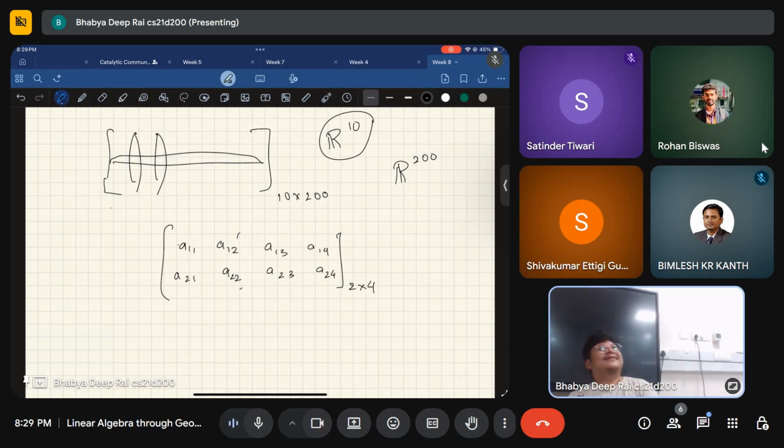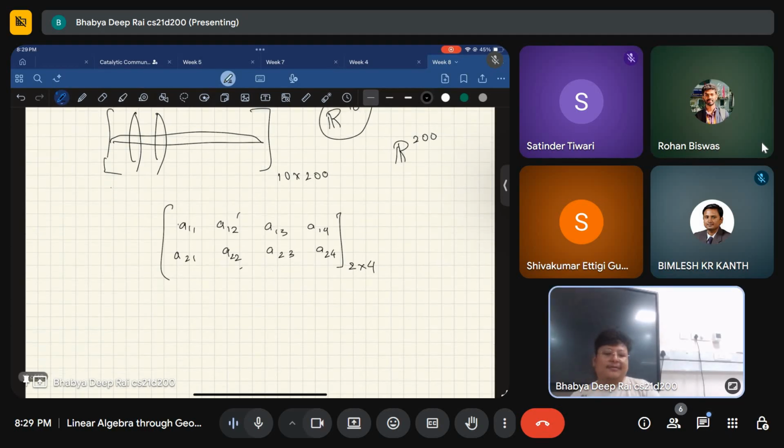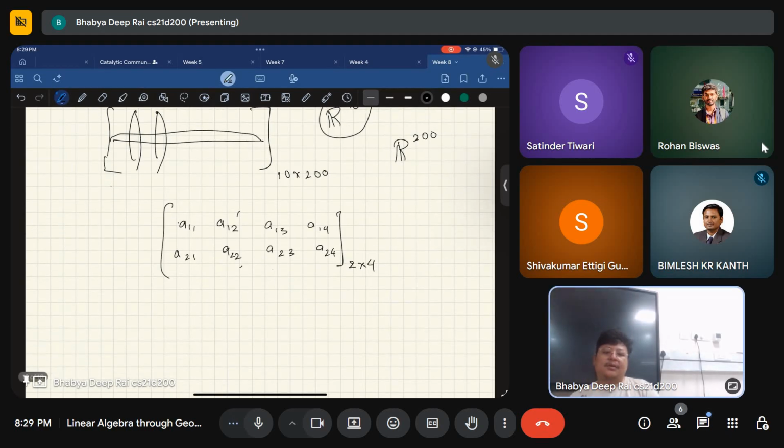So what you have is, anything that you can do in R4, you can do it in R2.